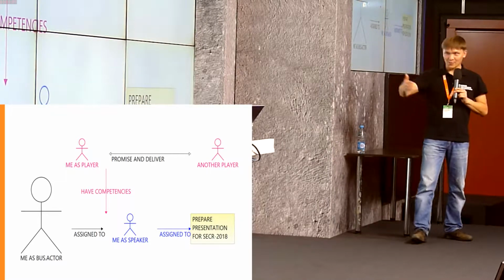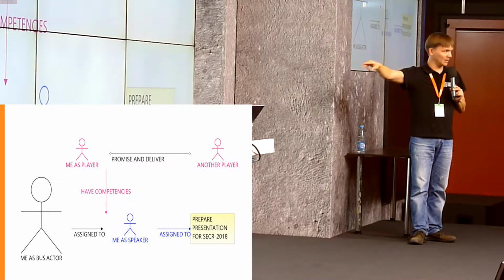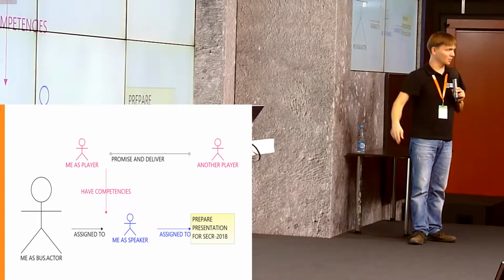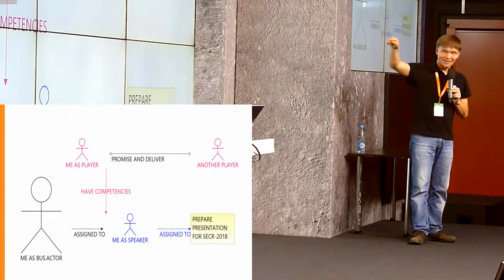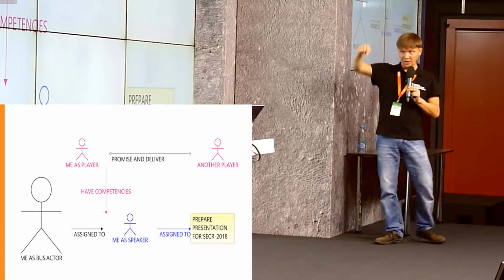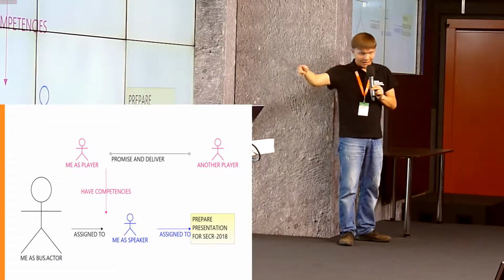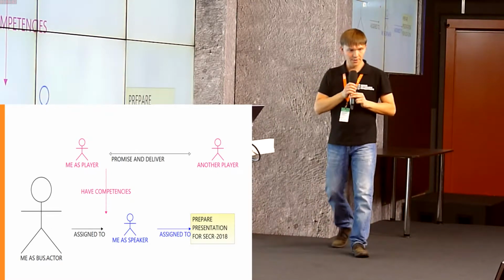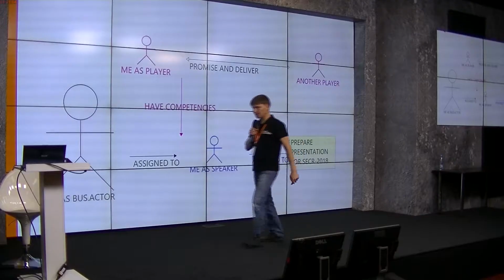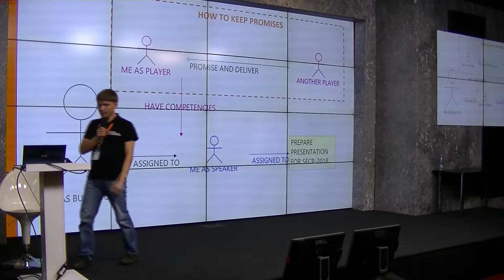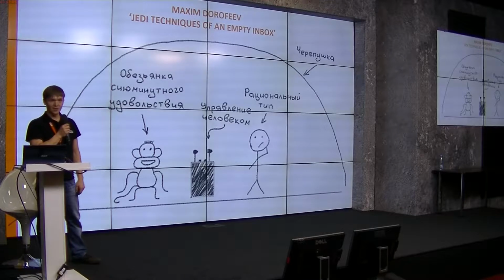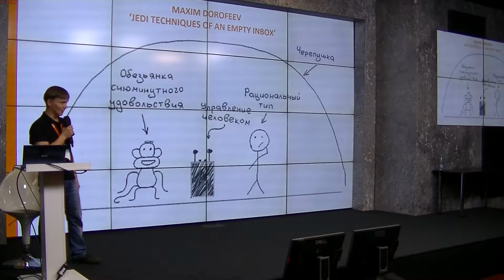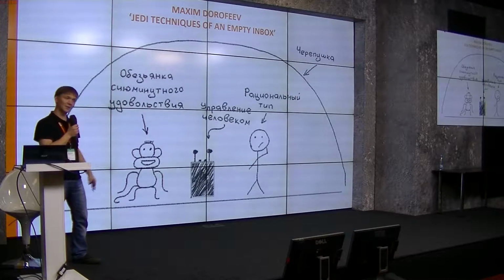So that's a very simple approach. We say, fire this guy because he can't work in a team. But we can see he's a player performing poorly, and we need to train him to master the player role, or he has poor stakeholder skills. And that's an easier way to fix it than firing. And that's, of course, very similar to Maxim Dorofeyev's Jedi technique. Very similar one. But I put that in Archimate, and that's cooler.